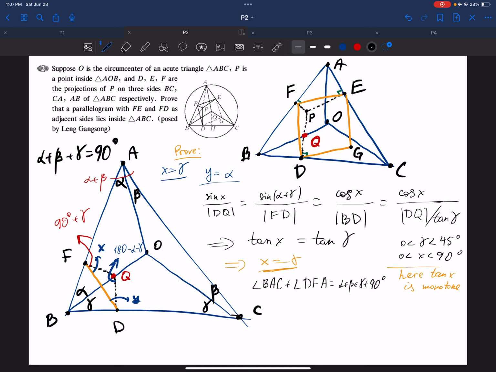But we know that alpha, beta, gamma sum up to 90. So we get that this is actually 180 degrees.